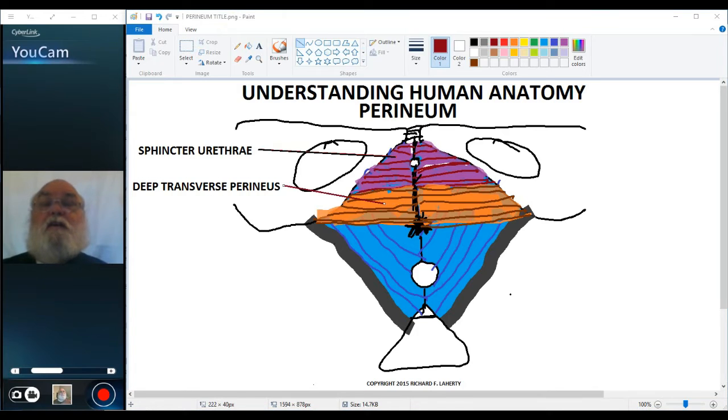If there's a deep transverse perineus muscle, there must also be a superficial transverse perineus muscle. And indeed there is one. It takes origin from the ischial tuberosity, and is a spindle-shaped muscle.